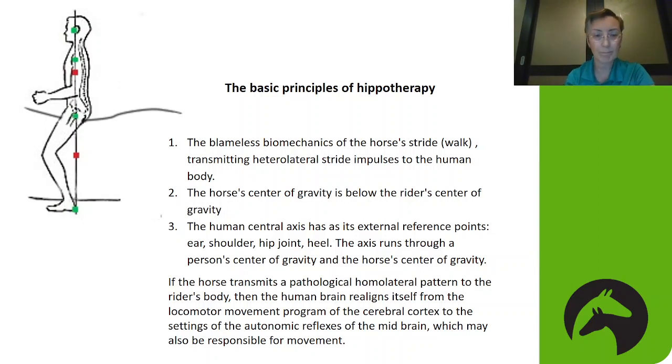It's very important. If the horse transmits a pathological homolateral pattern to the rider's body, then the human brain realigns itself from the locomotor movement program of the cerebral cortex to the setting of the automatic reflexes of the midbrain, which may also be responsible for movements. So you understand, when we grow up to 8 years old, all our movements are controlled by the cortex.